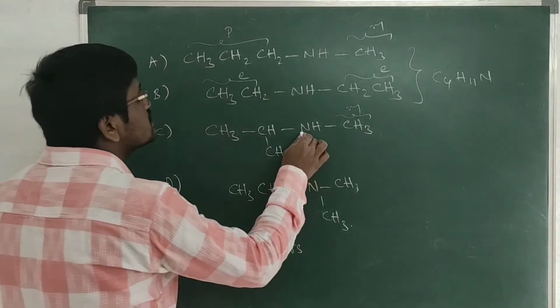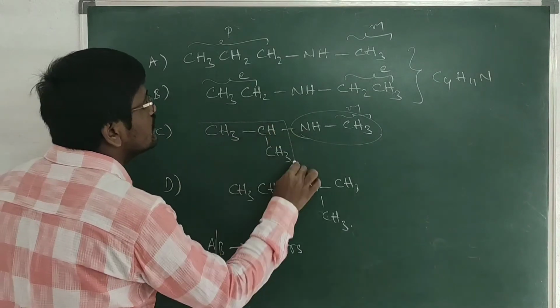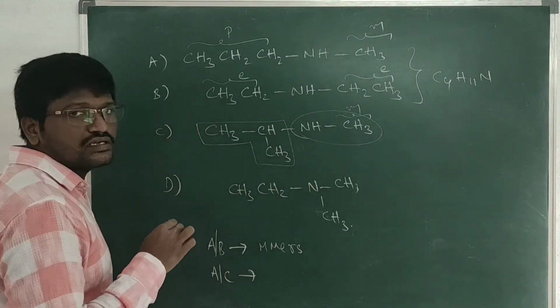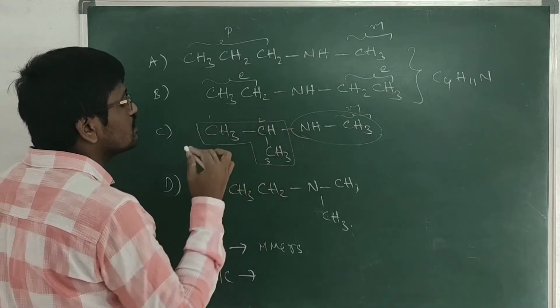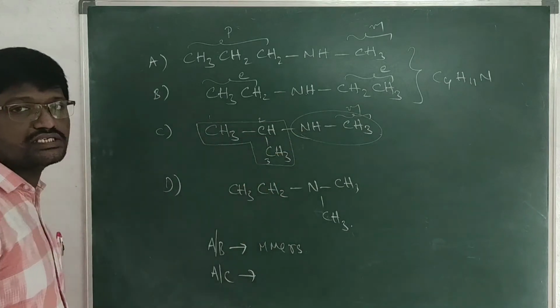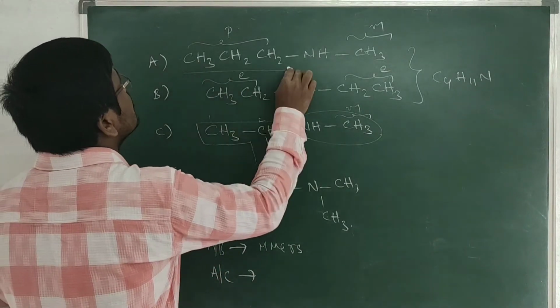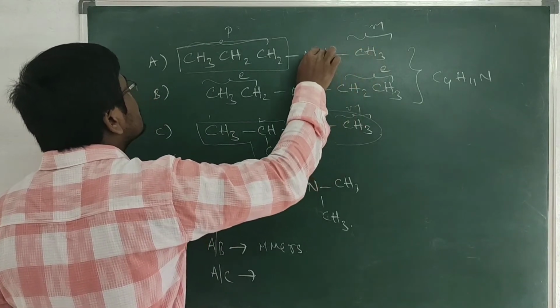Here the NHCH3 is considered a substituent, and the parent chain is propane. Here 1, 2, 3, the substituent is at the second position for this parent chain. Here the parent chain is propane, and the ethylamine is the substituent.